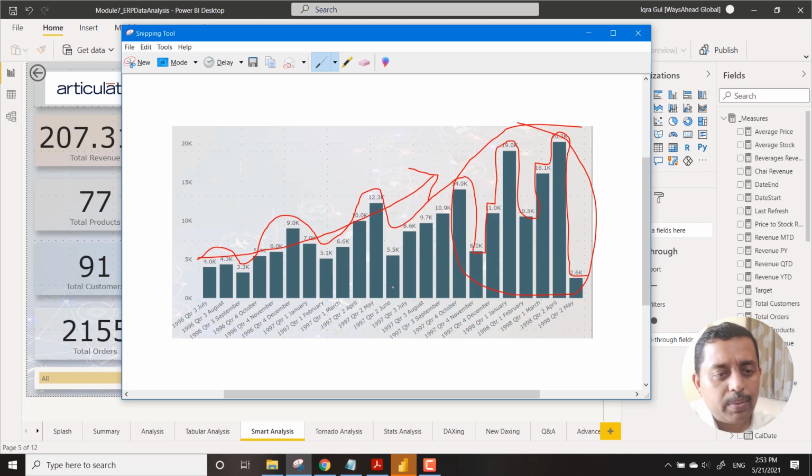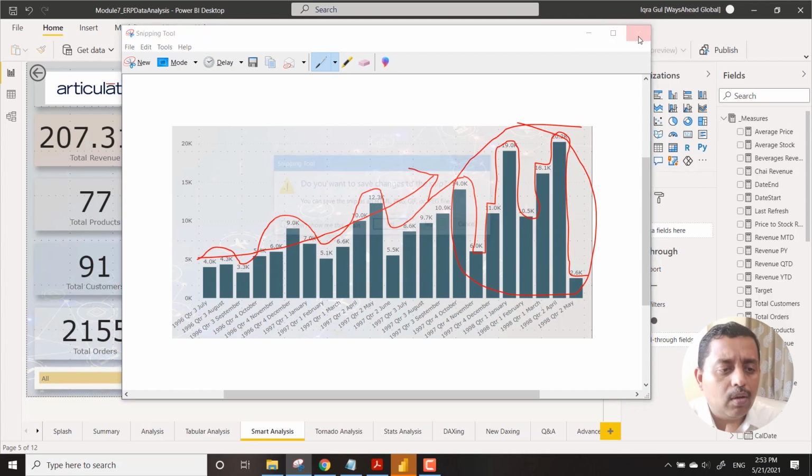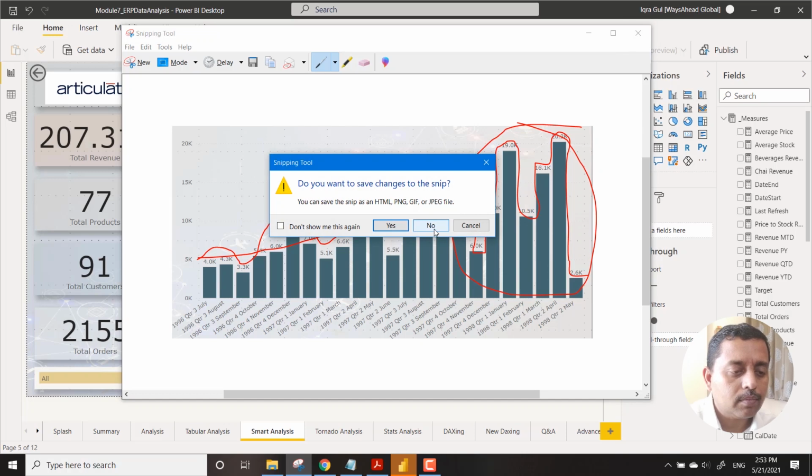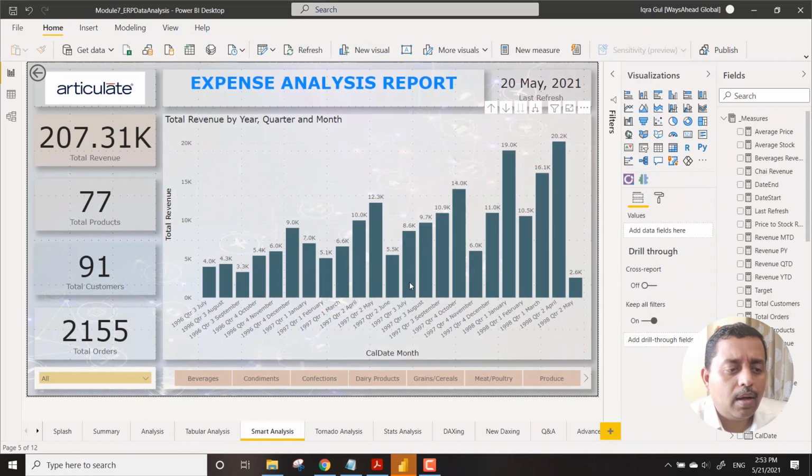Then we take help of Power BI to understand this spike, these crests and troughs, and all these things. Usually when you discover this kind of pattern, you take it to PowerPoint and try to explain it in a board meeting.